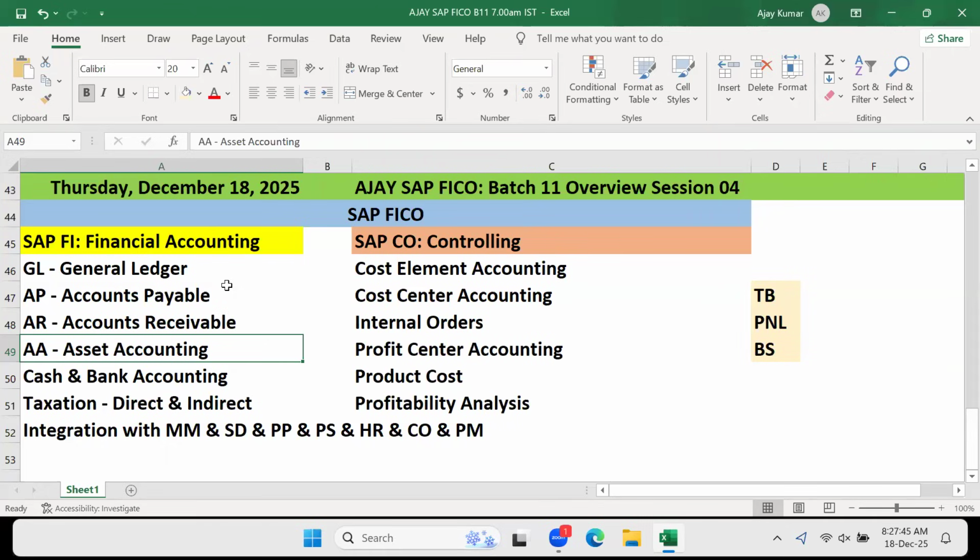Like you said, in FI we have salary. So where is the detail of who is getting how much? Cost center. Salary is your cost element. Okay, this I'll make you understand as we progress.